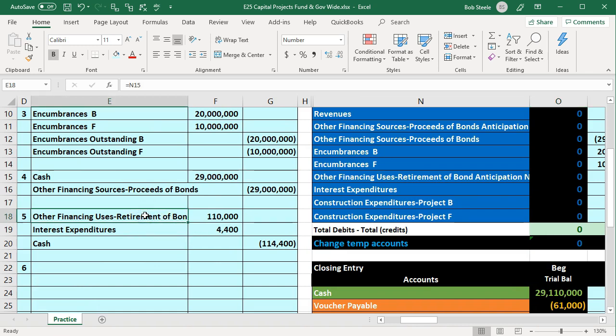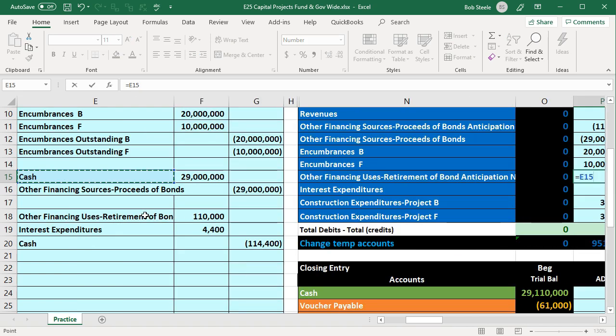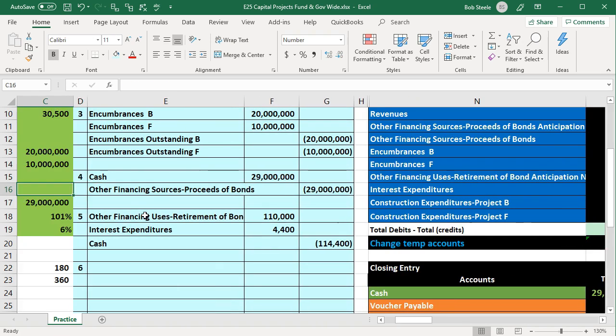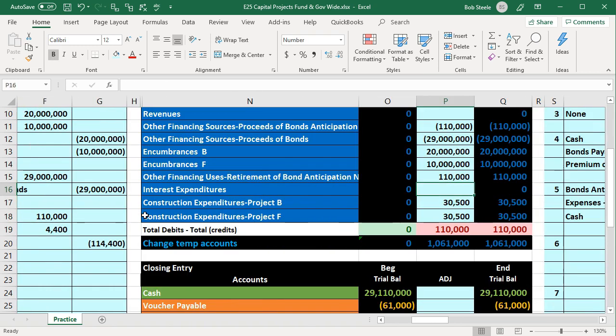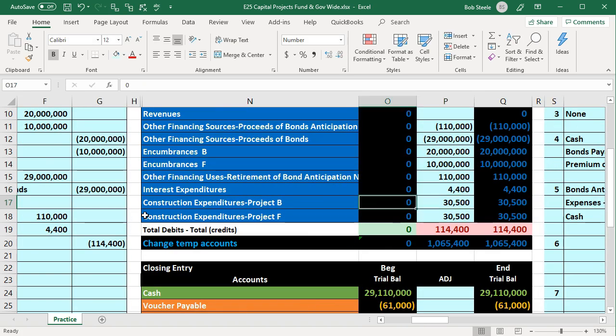We have other financing uses. That's going to be here in cell P15, where we will say equals, scroll back over and pick up that 110,000. There we have that. Then underneath that we have the expenditures in P16. Equals, scrolling back over, we're going to pick up that debit and enter.